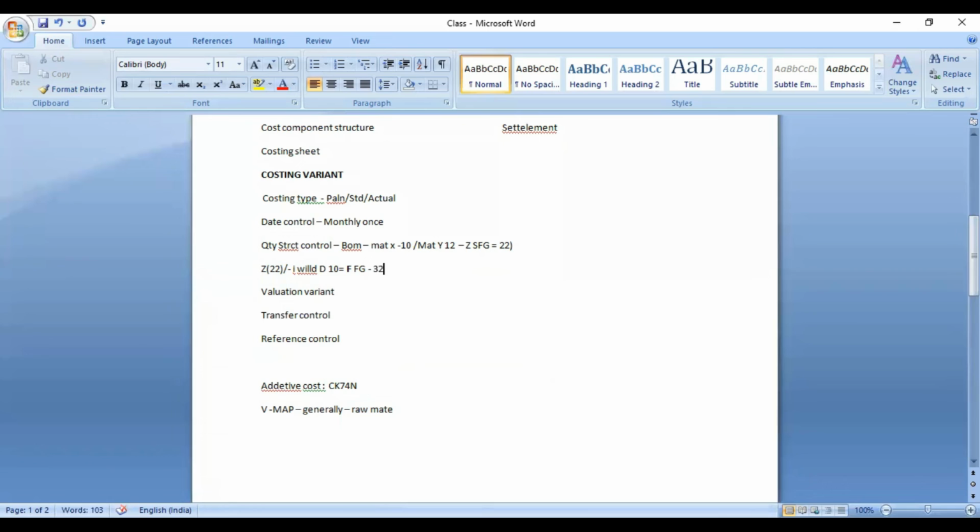Again, if I add 10 rupees over here, then my finished good cost will be 32 rupees. To reach the 32 rupees as the standard price, the standard cost of this particular F material, I need to set the raw material price control as V, as per the general process. As of now, I am discussing the very generalized process only. In the actual costing, the price controls will be different.